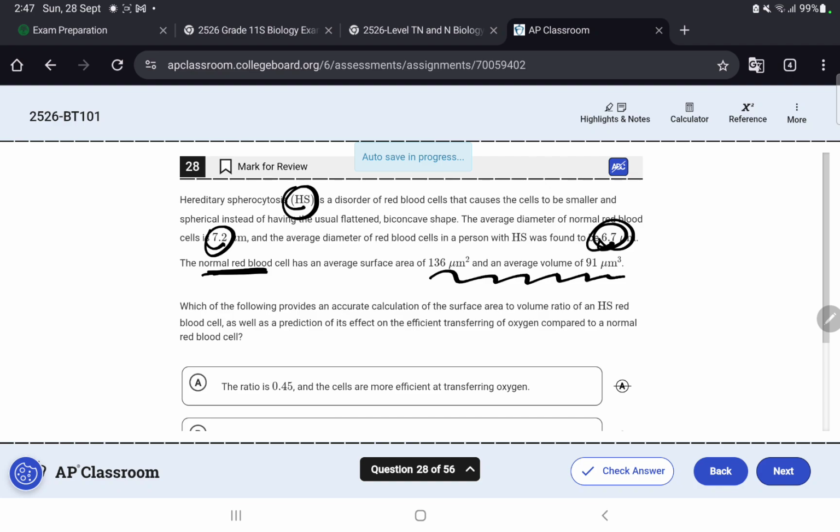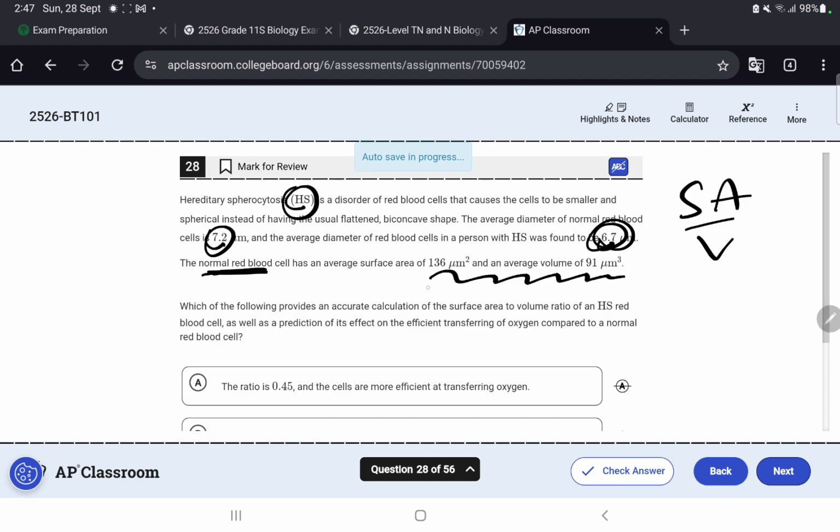What they're asking is which of the following provides an accurate calculation of the surface area to volume ratio of an HS red blood cell. After you find the ratio of the HS blood cell, the ratio being surface area over volume, tell us which one is more efficient. Is it the normal red blood cell or the HS blood cell?